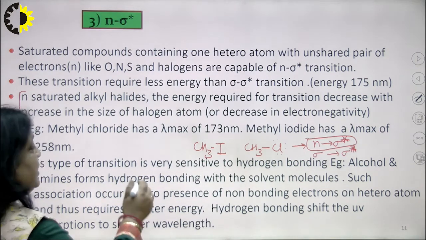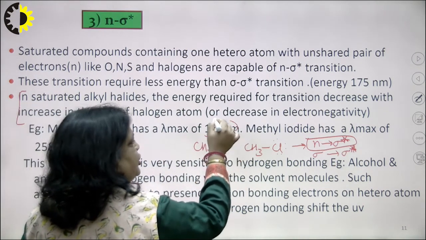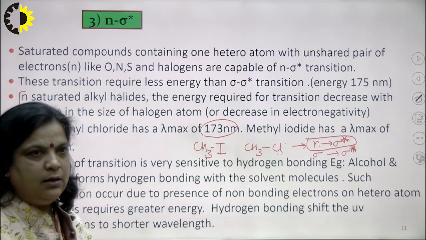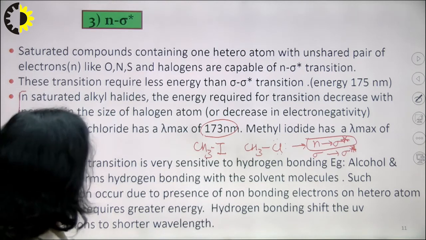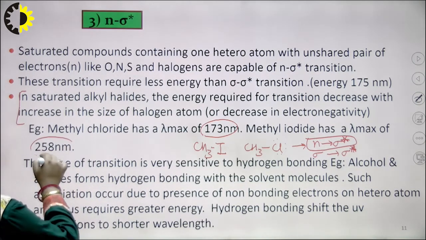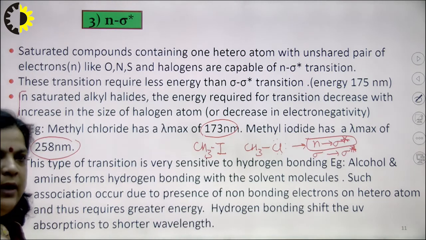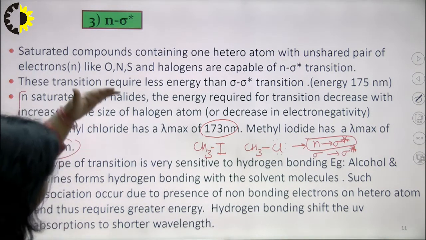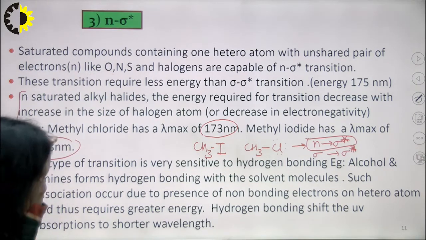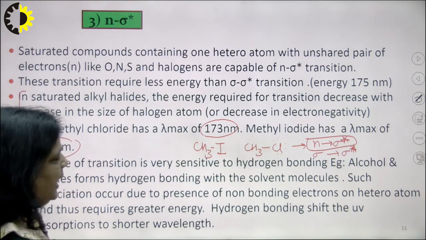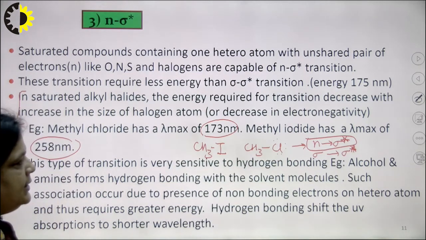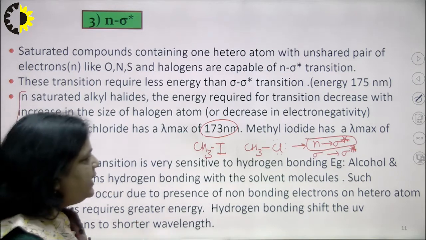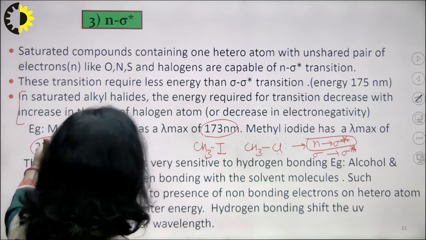Methyl chloride shows a lambda max at 173 nanometer, while methyl iodide shows a lambda max at 258 nanometer. So, as electronegativity decreases, the lambda max increases, or we can say if the size increases, it increases.